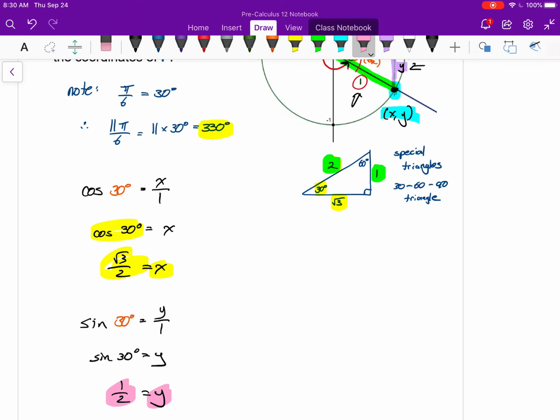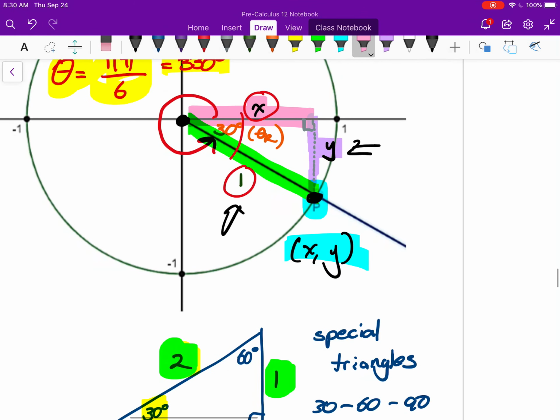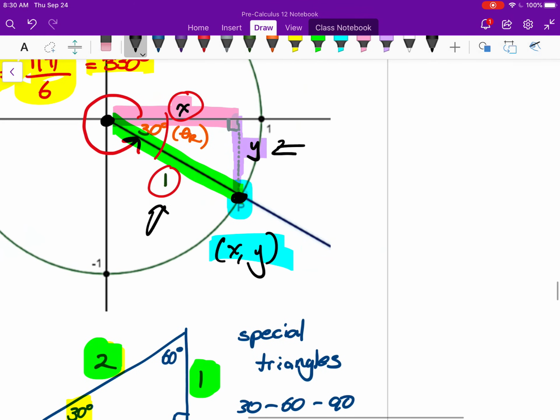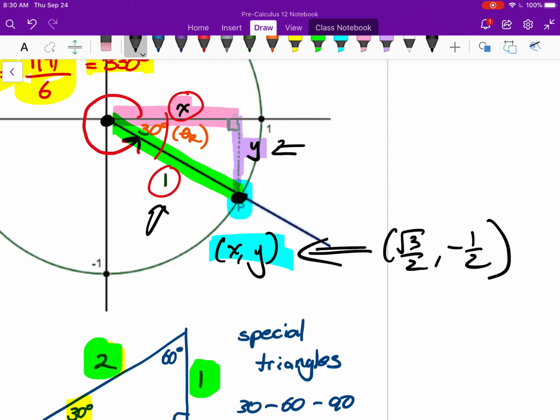So if I look at my coordinates right here, my x coordinate is going to be exactly root 3 over 2. My y coordinate is in the 4th quadrant. It must be negative, so it's not 1/2, it's negative 1/2. And that's the coordinates of P.